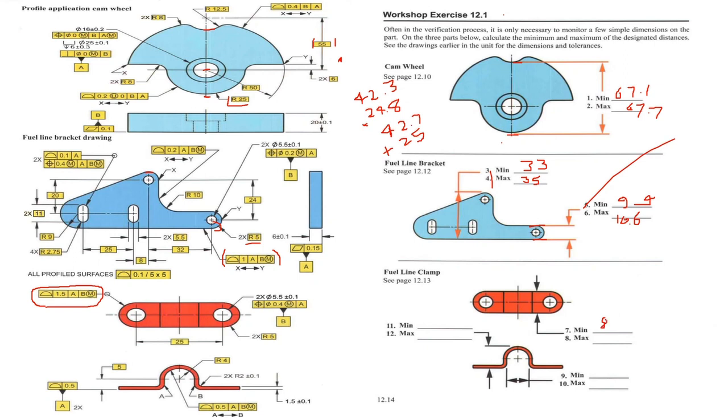So the minimum is 8.5, and the maximum value is 5.75 plus 5.75 for both the sides, so 11.5. The maximum is 11.5.